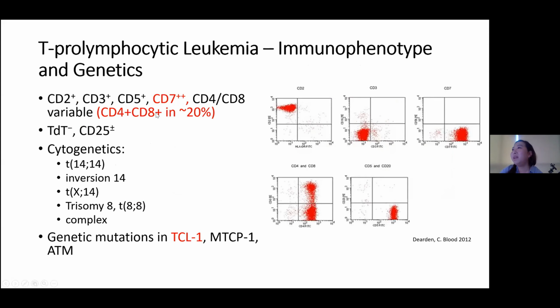And in a significant proportion of the cases, they are positive for both CD4 and CD8. And classically, cytogenetics is characterized by translocation 14;14, inversion 14, and genetic mutation in TCL1 and in some other genes as well. There are always exceptions, like in this case, where CD3 is a bit dimmer.